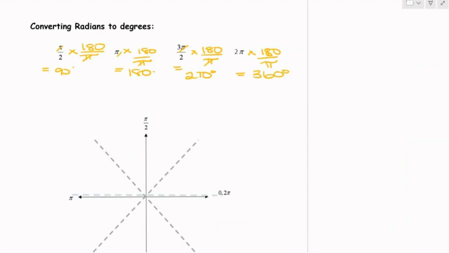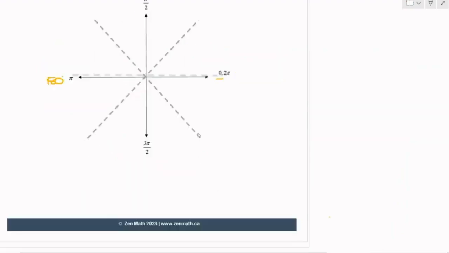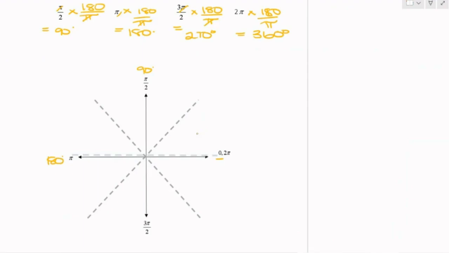So if you think about a circle, you start at 0 degrees, you go 90 degrees, then you rotate 180 degrees. And then if I scooch down a little bit, we get 3 pi over 2, which is 270 degrees, and back to the full circle, 360 or 2 pi.